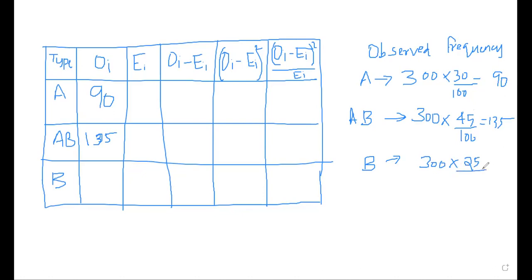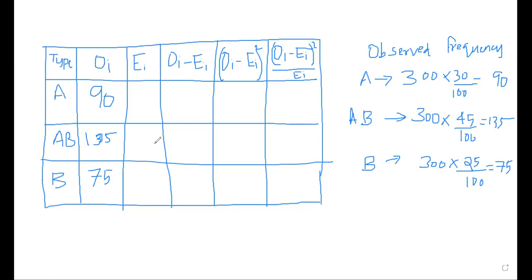So 300 into 25 by 100 is equal to 75. So these are the observed frequencies. Out of this 300, A is 90, AB is 135, and B is 75.